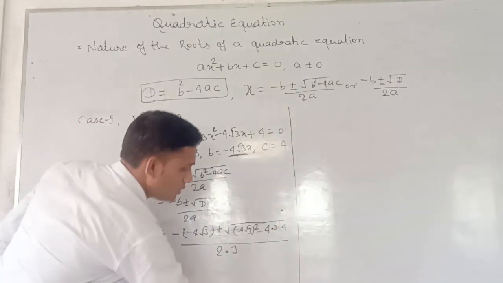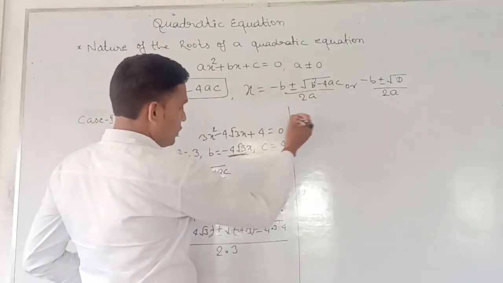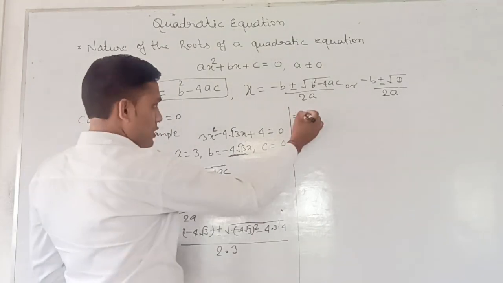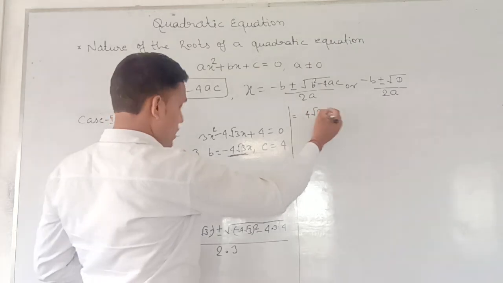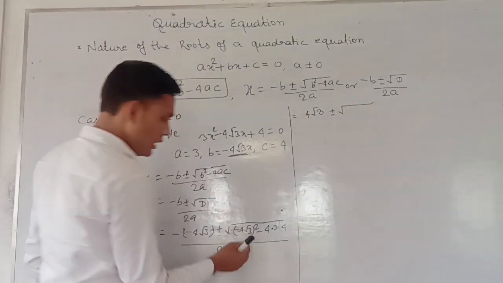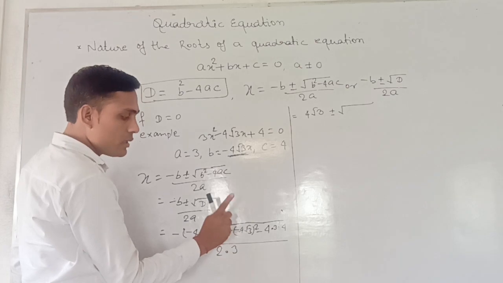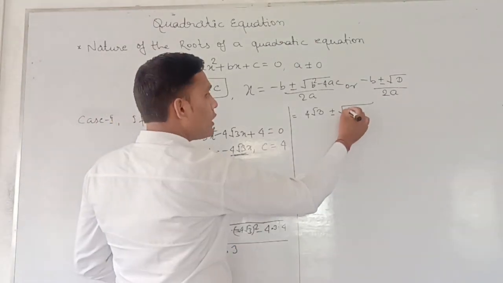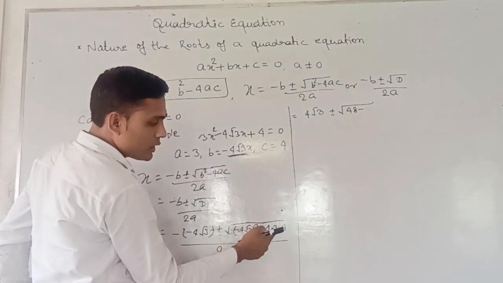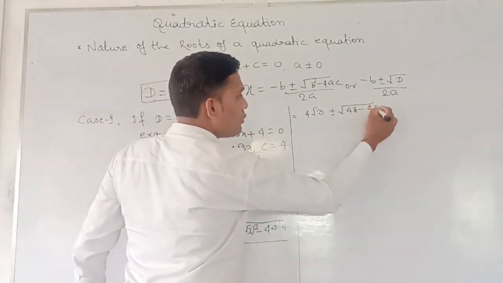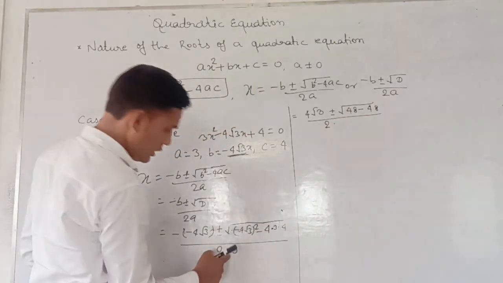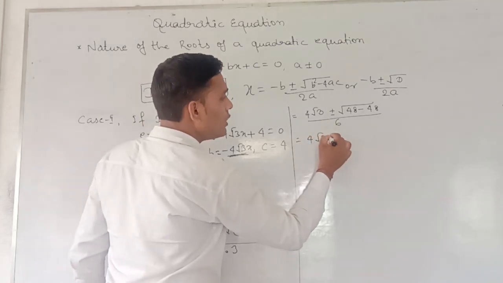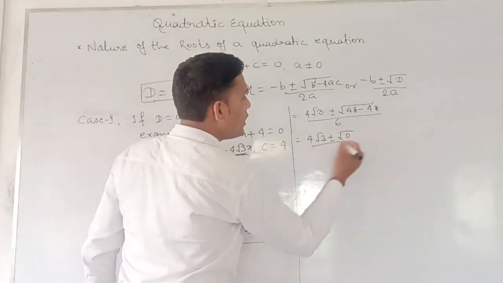Next term I am writing here. This is equal to 4 root 3 plus minus root under 16 into 3, that is 48, minus 4 times 3 times 4, that is 48, divided by 2 into 3, that is 6. Now it equals 4 root 3 plus minus 0 by 6.